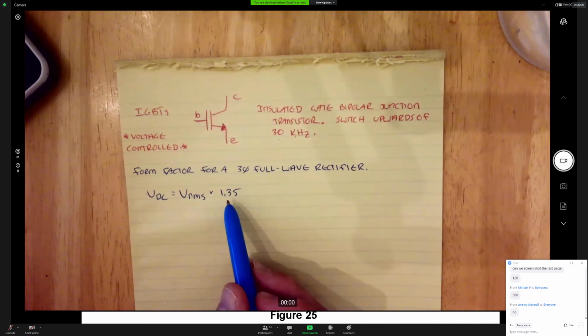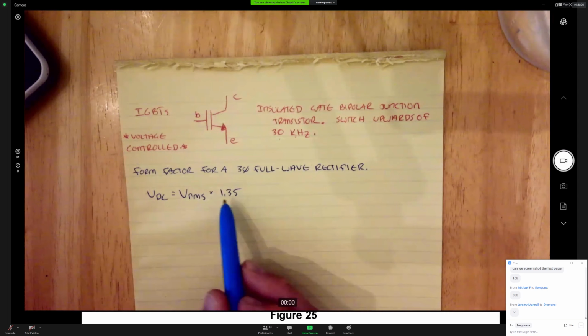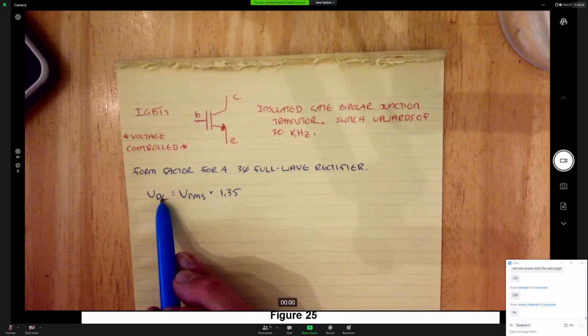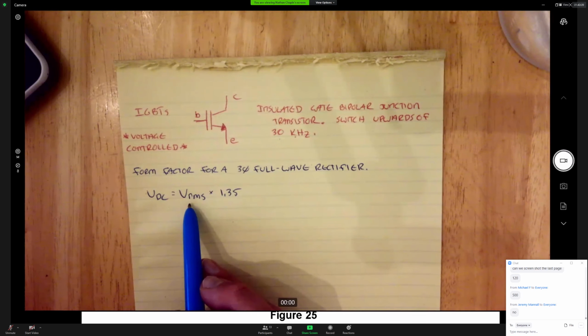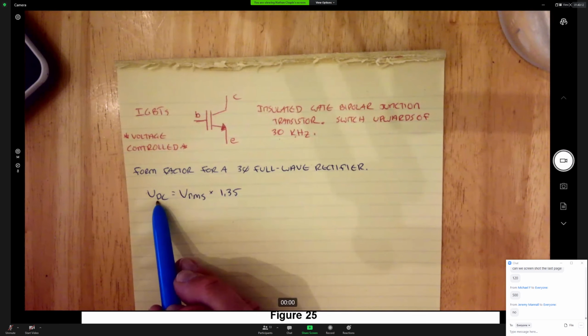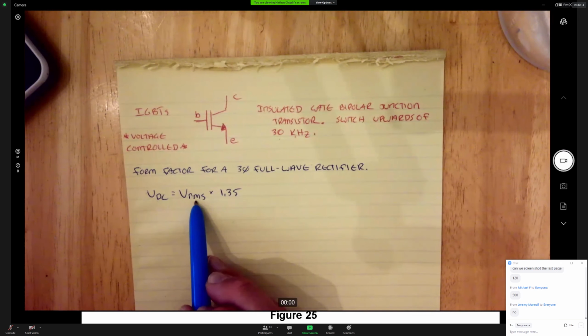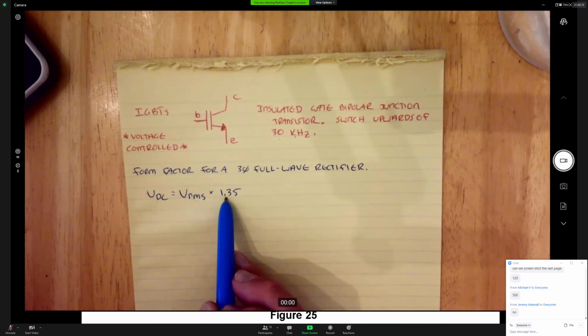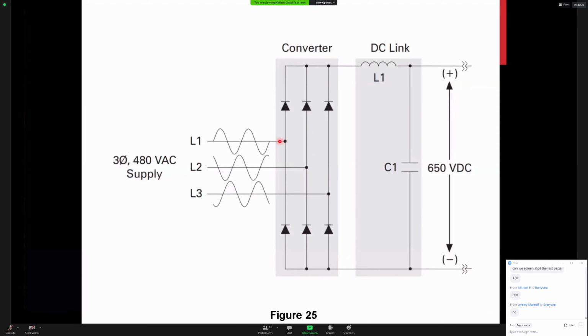So technically 1.35 is the form factor. That is the multiplier between the DC voltage and the RMS voltage. And in the case of a 3-phase full wave rectifier, the DC voltage is actually higher than the RMS voltage. So this formula, this 1.35, if we apply that back to the slide, 480 volts multiplied by 1.35 gives me 648 volts.